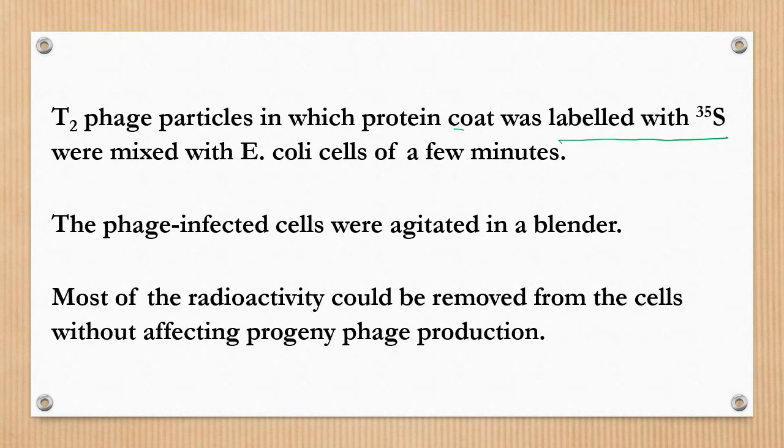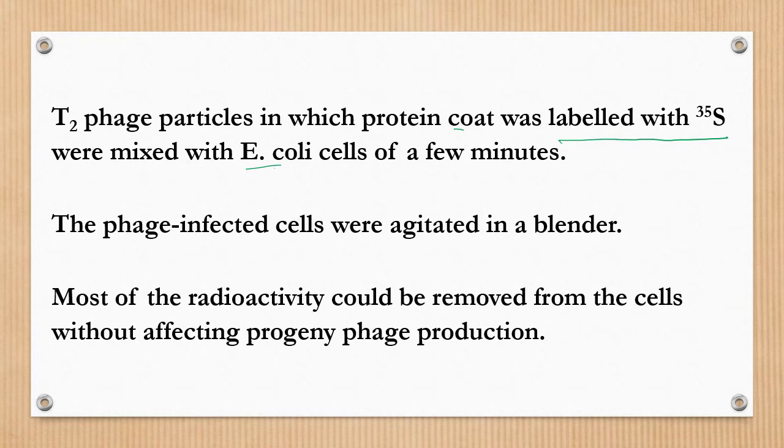When these bacteriophages with radioactive sulfur are mixed with Escherichia coli, they infect. The infected cells are again agitated and blended. And during centrifugation, the protein coats come into the supernatant, and bacterial cells are settled at the bottom.